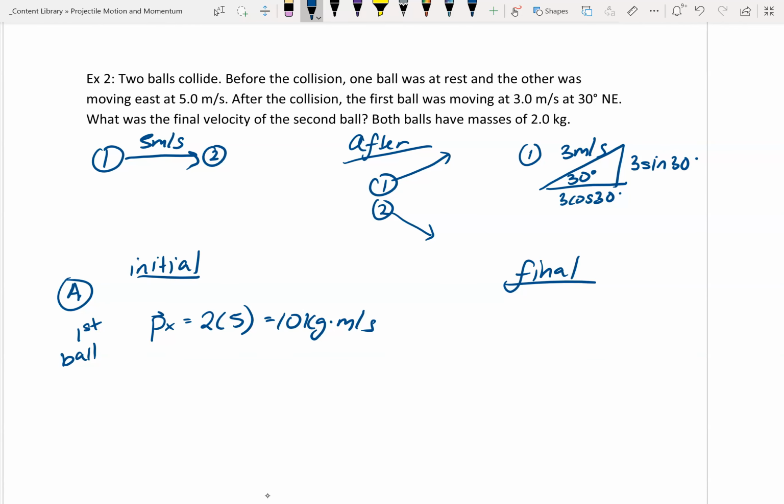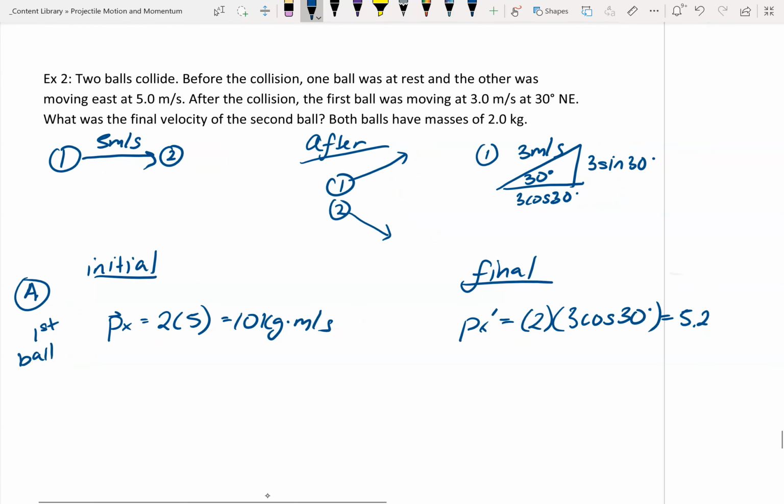Then in the final, we have the information from our vector already, from the diagram above. So this is going to be our mass, which is 2, times 3 cos 30, and this is 5.2 kilograms times meters per second.